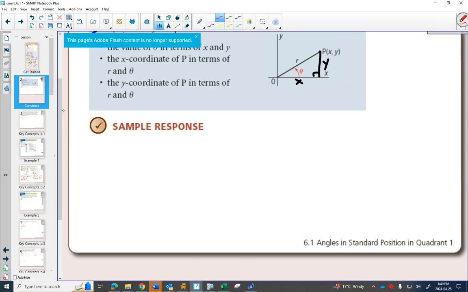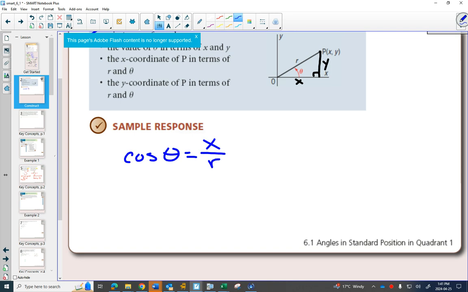Next. The x-coordinate of P in terms of r and theta. So if I want to do the x-coordinate, that's my adjacent side, that's my opposite side. Cos of theta, because it's my adjacent side, is x over r.